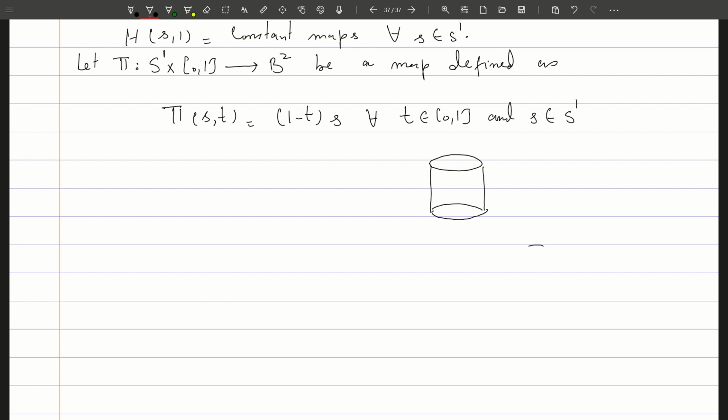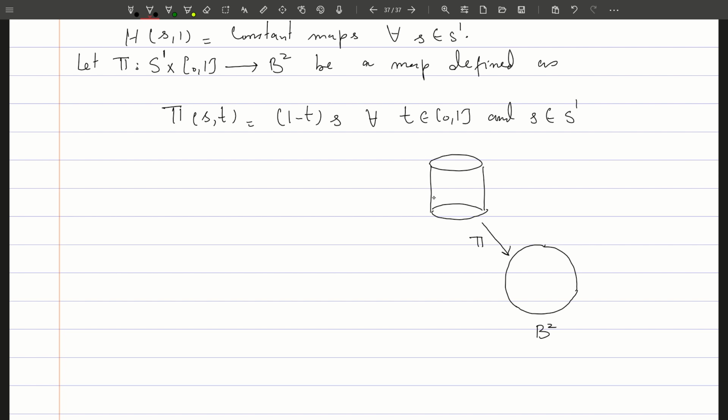So let us suppose we have the disk B2, and we have this map pi here.